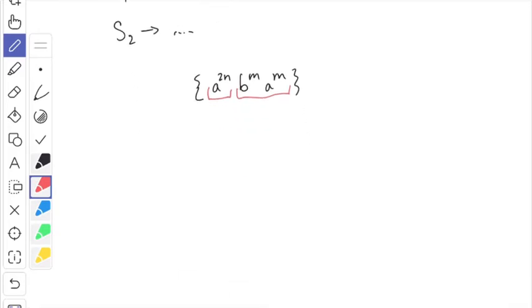For the first part here, I'll call this one S1. And to get a to the 2n, you want to do something like this. S1 goes to a squared S1 or epsilon. This way you can generate a squared over and over again, which gets you a to the 2n. And then b to the m, a to the m, I'll use S2 for this one.